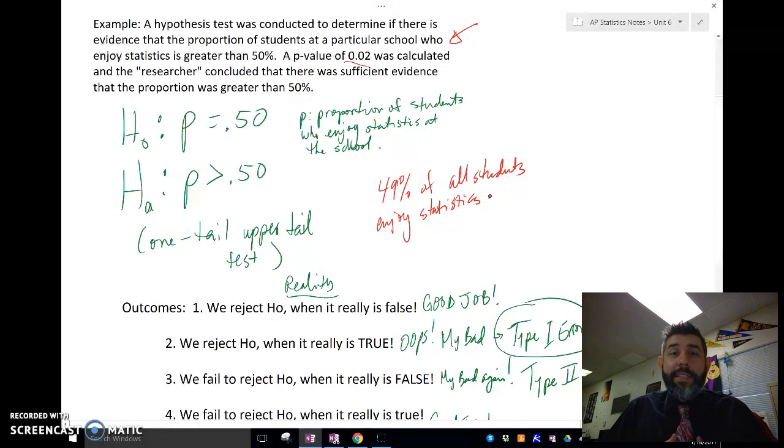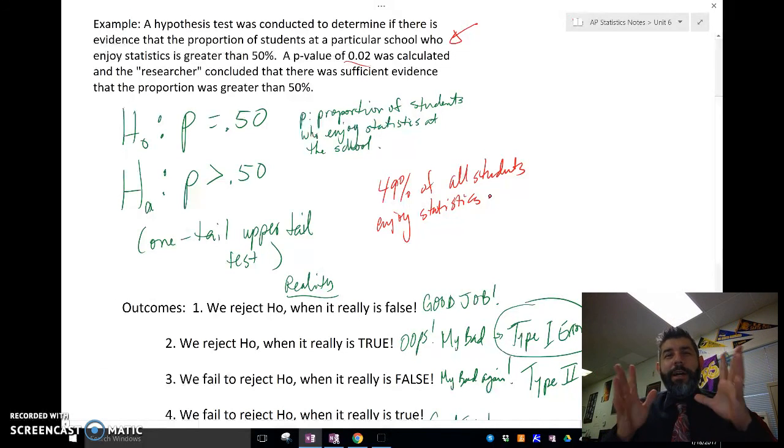That must mean we're doing a great job teaching them statistics. They really enjoy it, so we'll continue to do the things that we're doing. When in reality, we missed a really good opportunity. What we should be doing is refining and making it more enjoyable, because in reality, they don't actually enjoy statistics. Although I think if you were in my class, you would really enjoy statistics, because I think that percentage is pretty high for me.